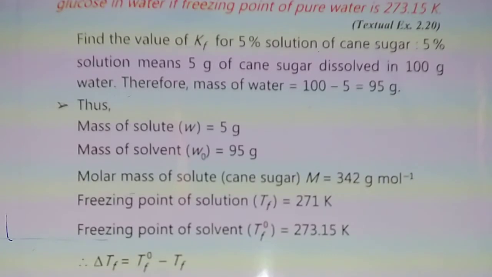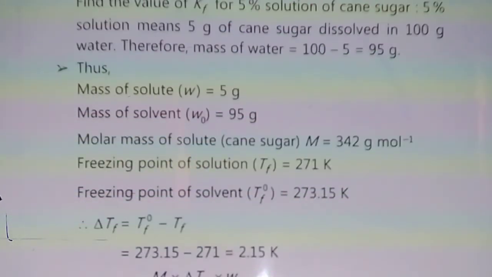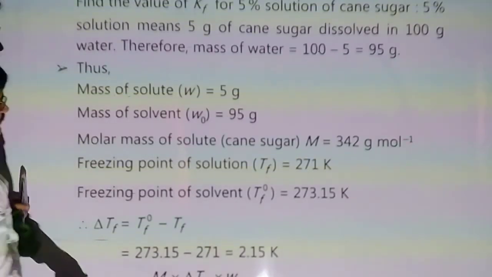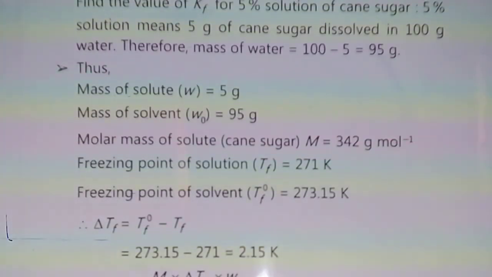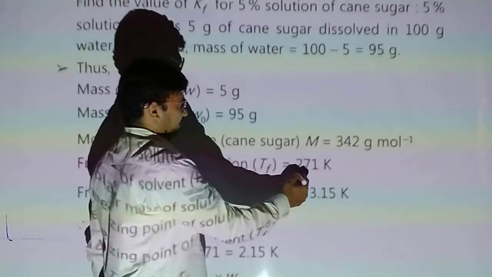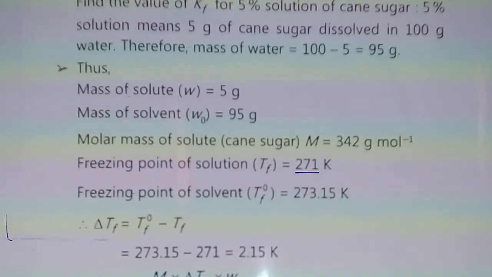5% solution means 5 gram of cane sugar dissolved in 100 gram. Therefore, mass of water is 100 minus 5, 95, thus mass of solute will be 5 gram. Mass of solvent 95 gram. Molar mass of solute 342. Freezing point of the solution 271 and freezing point of solvent 273.15.